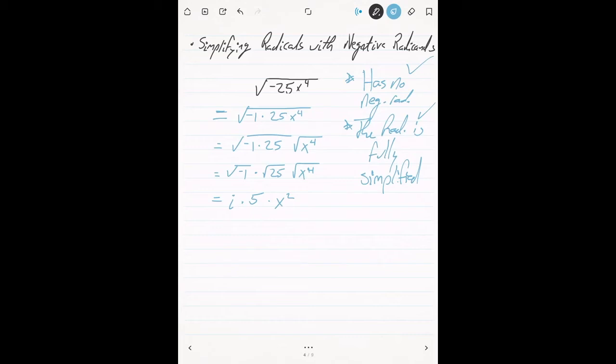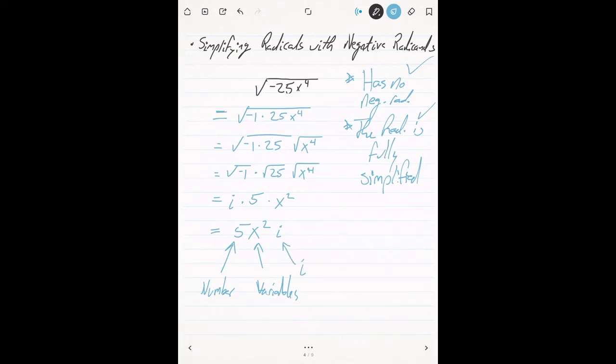Now, here is how I want you to write your answer down. You're going to write your answer as 5x squared times i. I want you to have the number followed by any of the variables, followed by the complex unit i.